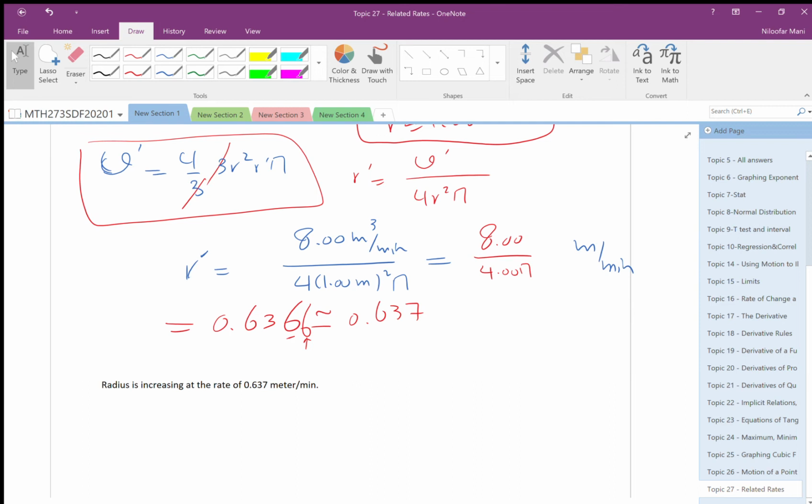Make sure to have the sentence, make sure to have the unit, make sure to check if you don't need to do any conversion for units. Maybe I give centimeter and maybe I want meter. You have to check those.